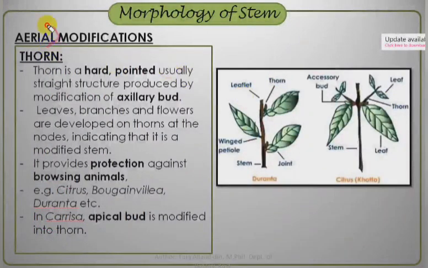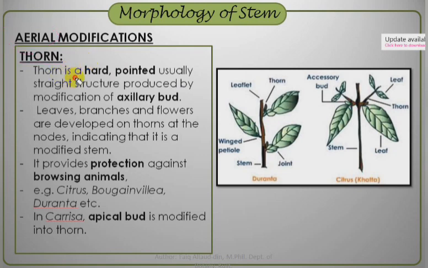Now the second type of aerial modification is the thorn. What is a thorn? Many of you may know that a thorn is a pointed structure like a needle, also known in other words as a prickle. But prickle, thorn and spine are different in nature from one another.